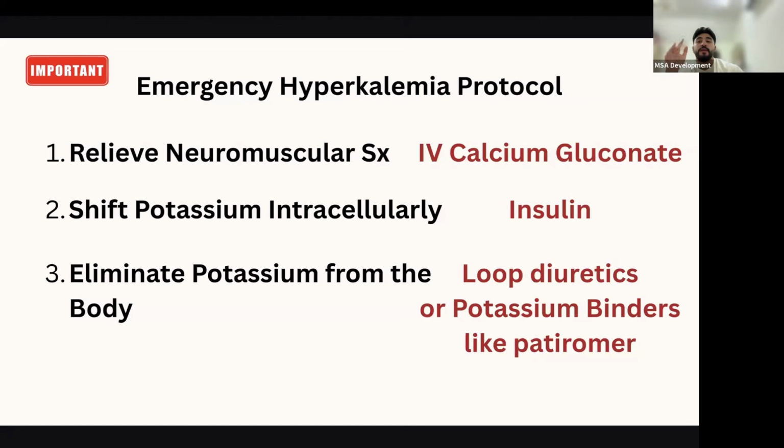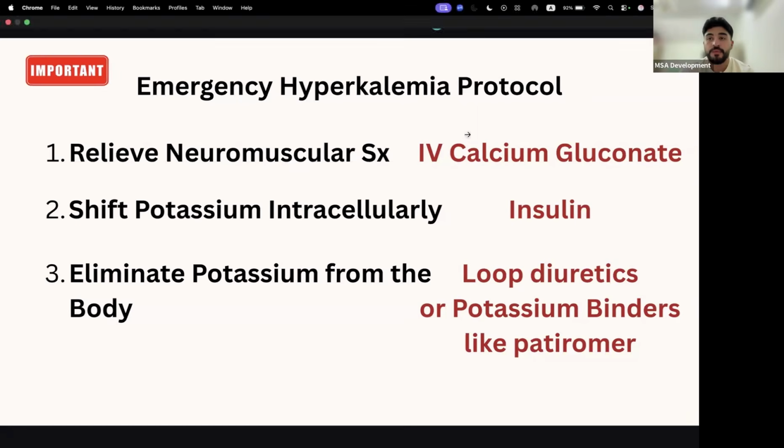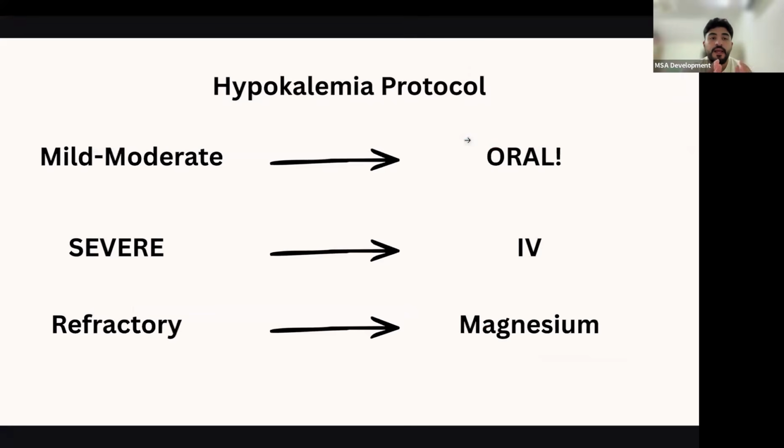So again: IV calcium gluconate to relieve symptoms, then insulin to shift potassium intracellularly, and then loop diuretics or potassium binders to eliminate the potassium from the body.